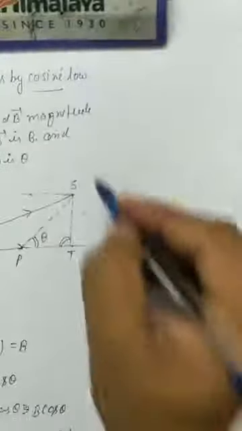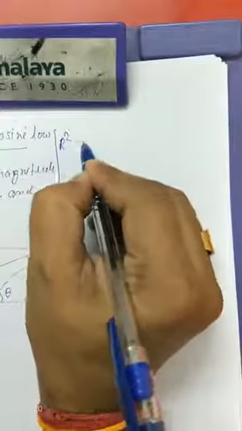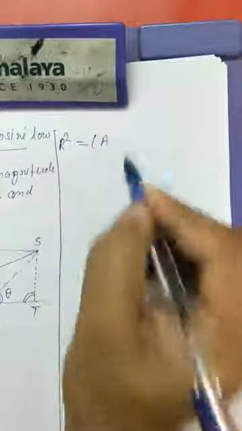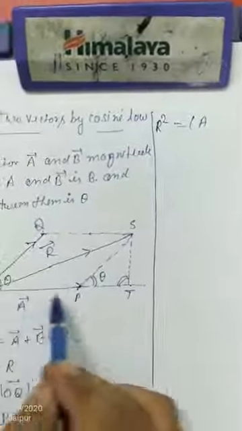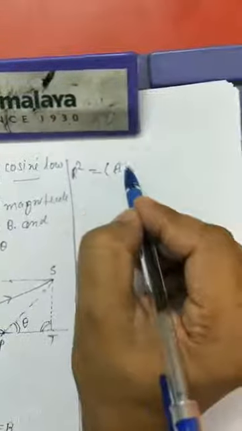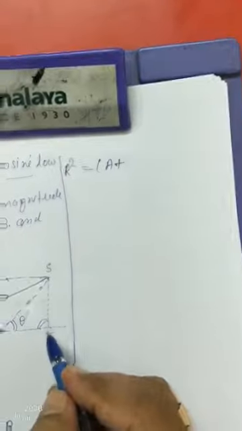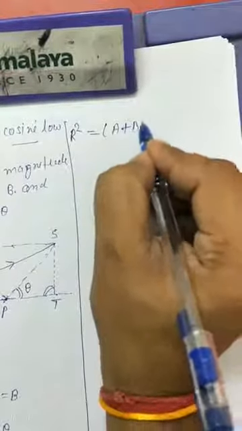Now R square is equal to OP, which is equal to the magnitude of vector A, that is A, plus PT. PT is equal to B cos theta.